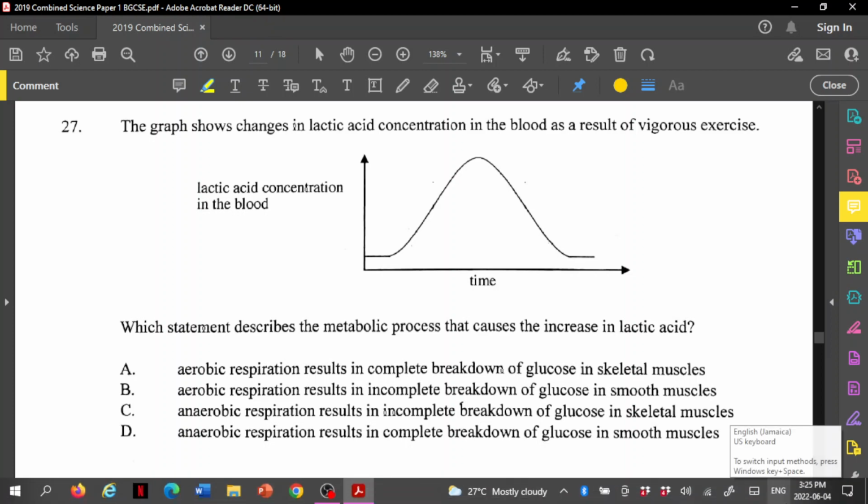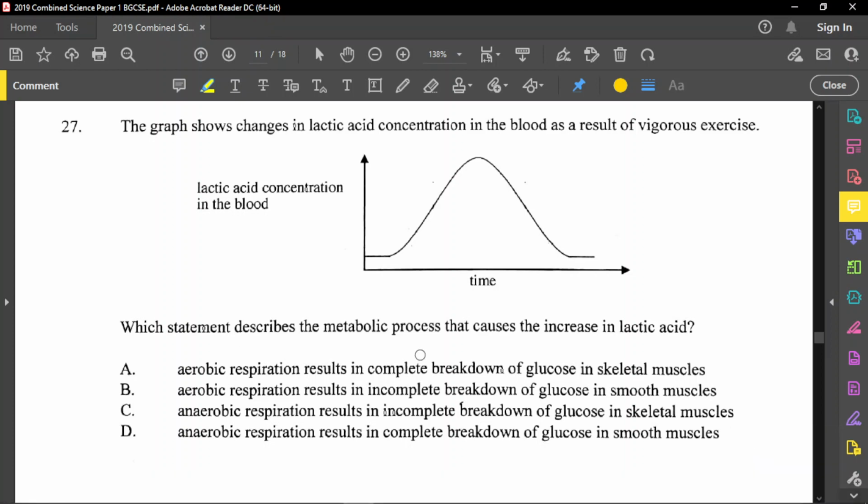Looking at option A, aerobic respiration results in a complete breakdown of glucose in the skeletal muscles, which is not true because aerobic respiration does not produce lactic acid. It actually produces carbon dioxide, water, and energy. B, aerobic respiration results in incomplete breakdown of glucose, is not true for aerobic respiration at all.